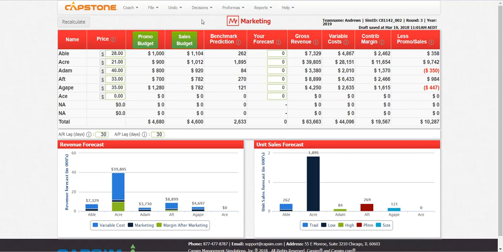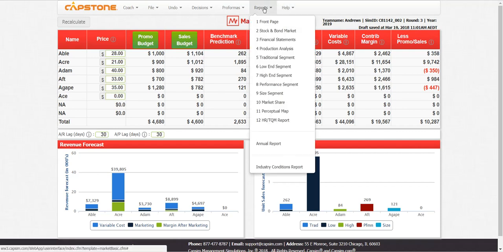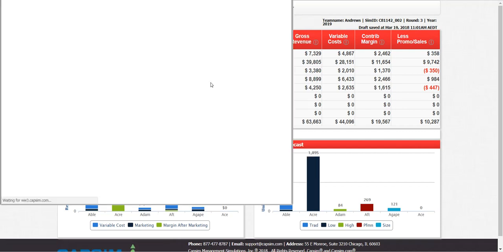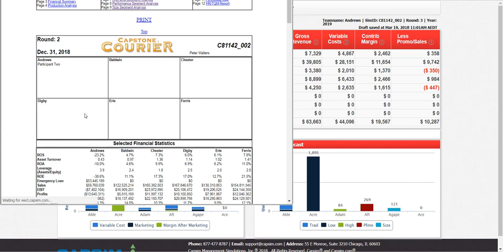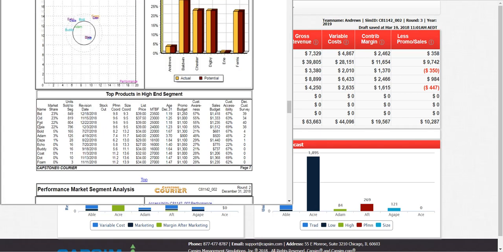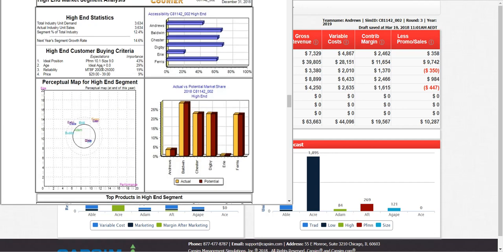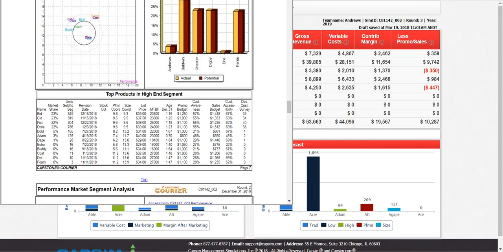So let's have a look at what we need to do in marketing. We need to put a price on it. Let's go and have a look at reports and find out what our competitors are charging in that segment. High-end segment, we can see all the established ones are around about 39, 34. The range was 29 to 39 last year. So they're going towards the top end of that.